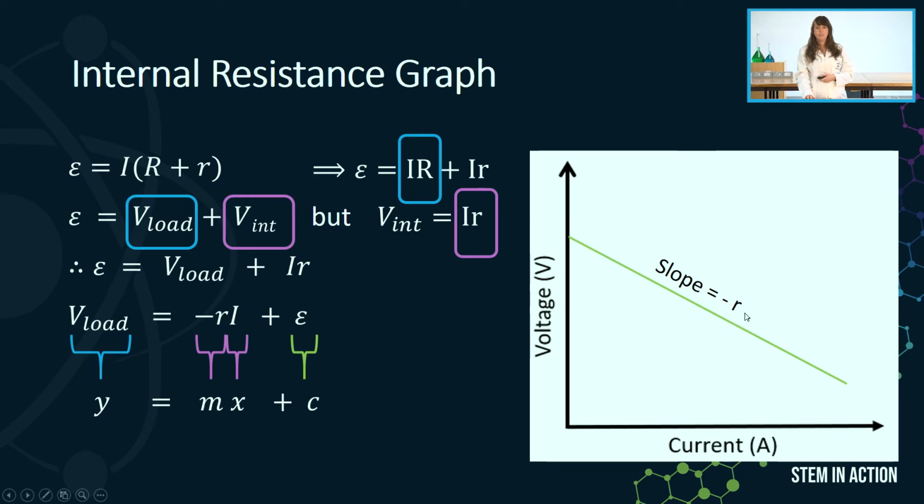Remember, this little r is the internal resistance, so if we can find the slope, we can make it equal to negative r, and then we can solve for internal resistance. Remember, we don't want negative r, we want to know what the internal resistance is, so we'd have to solve that little equation. And then we also know that over here, the y-intercept, that is our EMF.